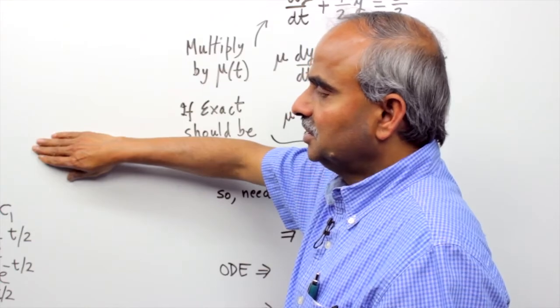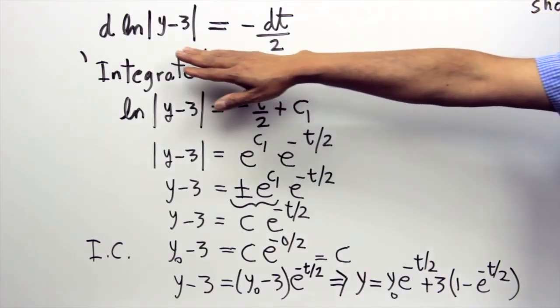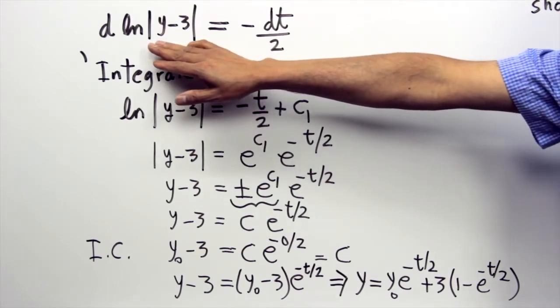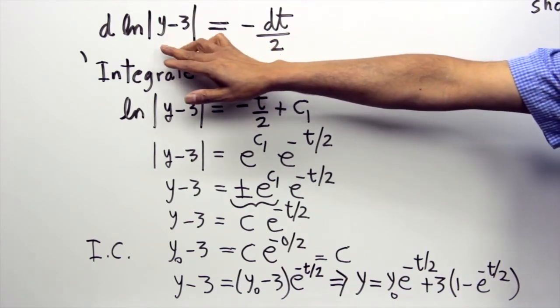We begin by recognizing that the left hand side can be written as the derivative of log of modulus of y minus 3. The reason the modulus sign is put is you can expand the two cases.